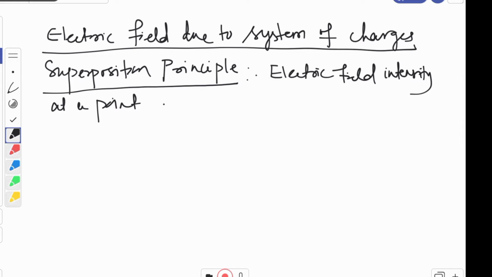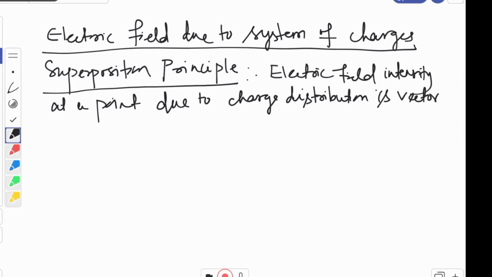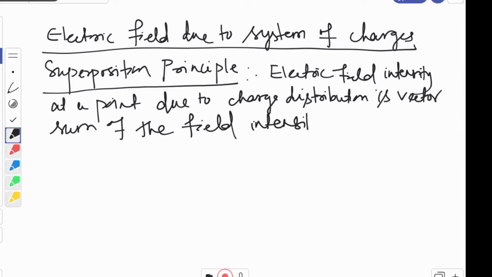It is the vector sum of the field intensities of the individual charges due to individual charges.